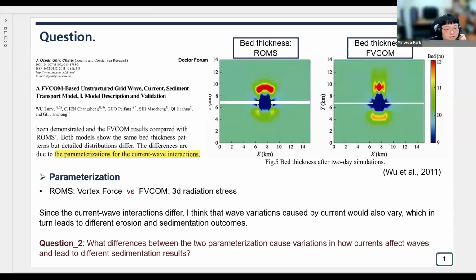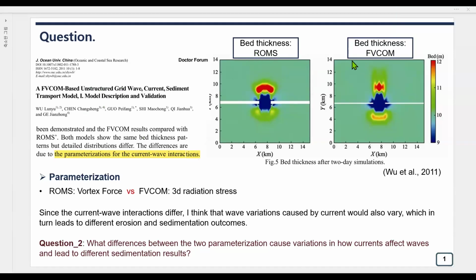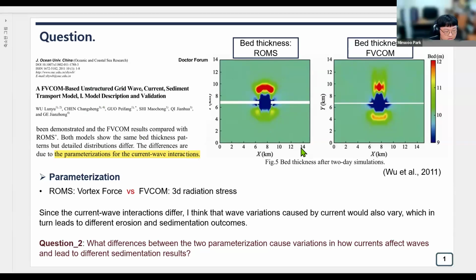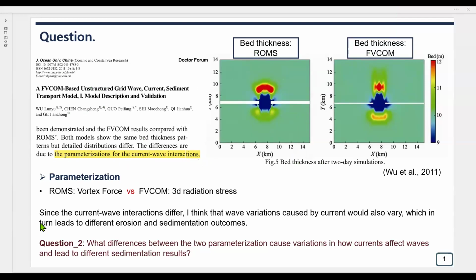I have a question. During this course, I read a paper that compared current-wave sediment models. The two models show differences in bed thickness, and the paper explained that this difference was due to the parameterization of the current-wave interaction.